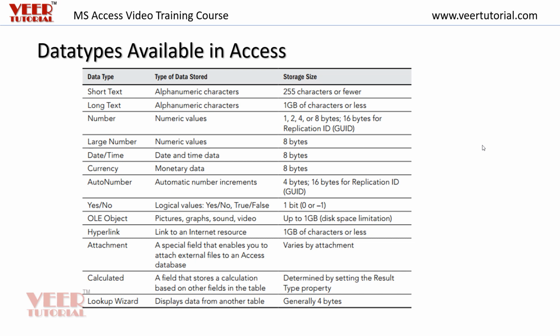If we want to save the date, then we can use the date and time data type. If we want to save monetary values such as the amount and any type of currency, then we must use the currency type.